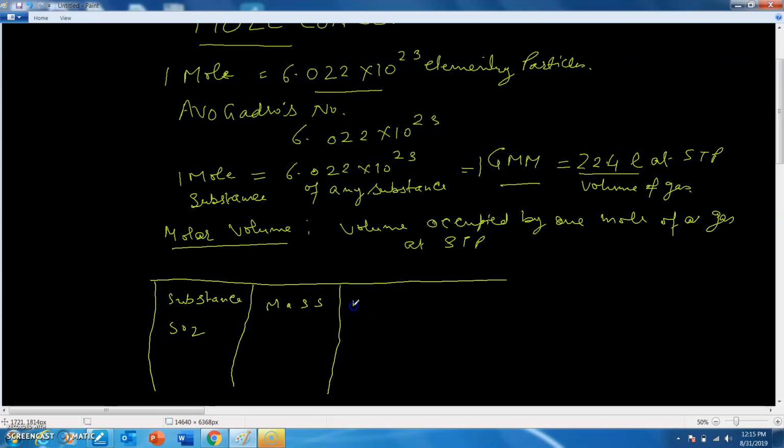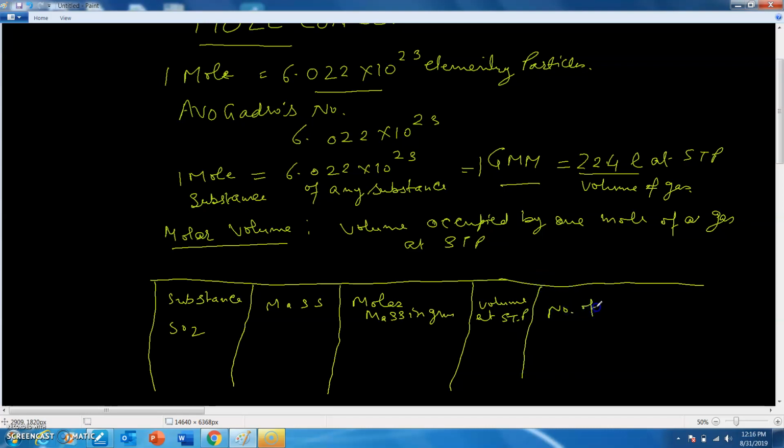Then we have to find molar mass in grams. Then comes volume at STP. I'll tell you how to find all these. Then comes number of particles and one more, number of atoms.